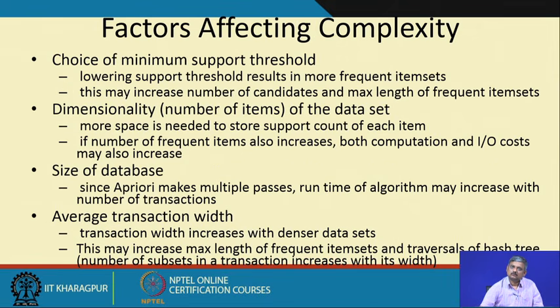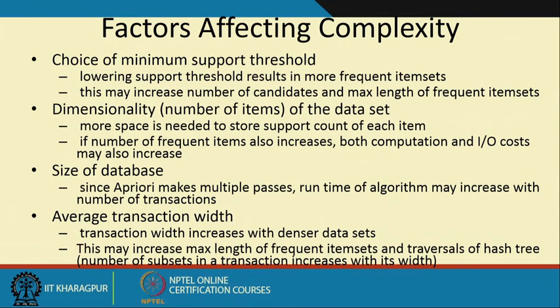Of course, these are the factors which will still affect your complexity: what is the support threshold, basically how much pruning you can do, number of items in each transaction, size of the database, transaction width.